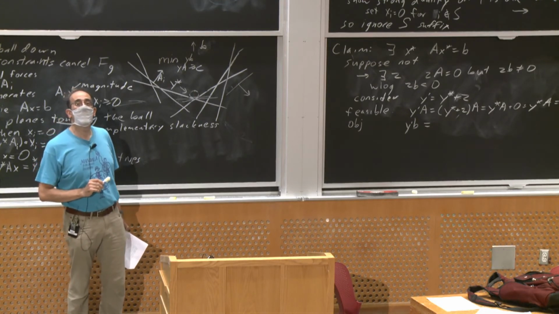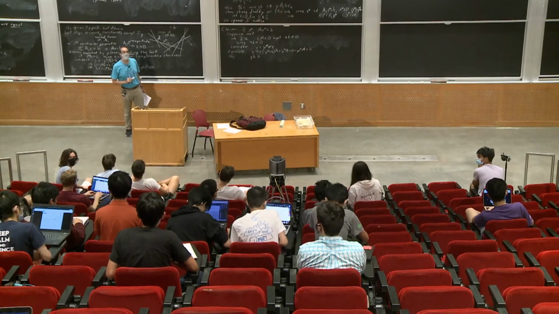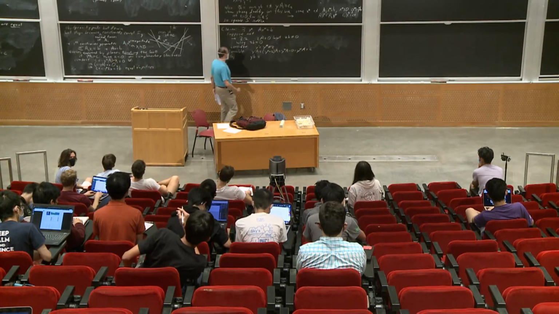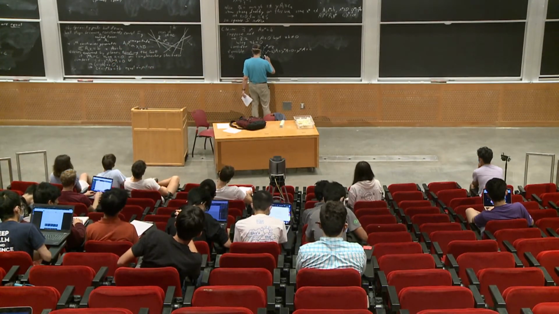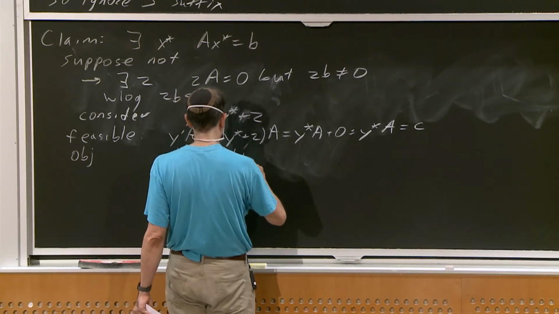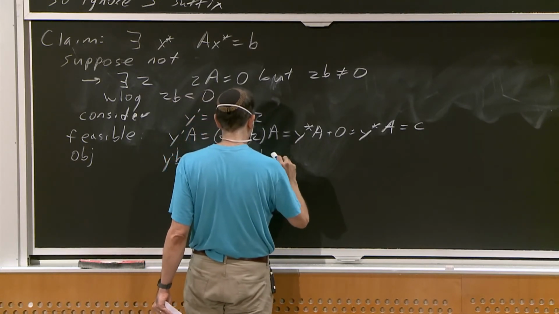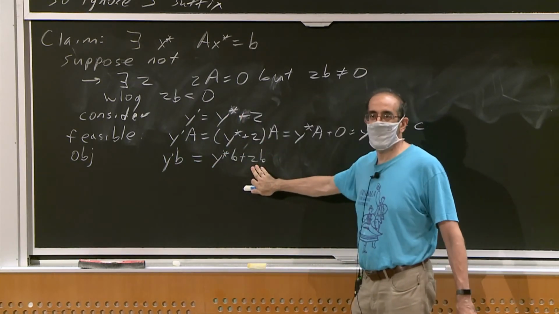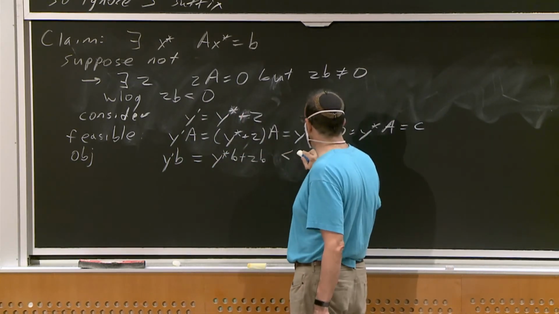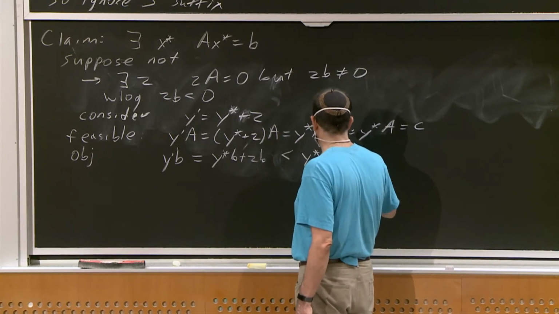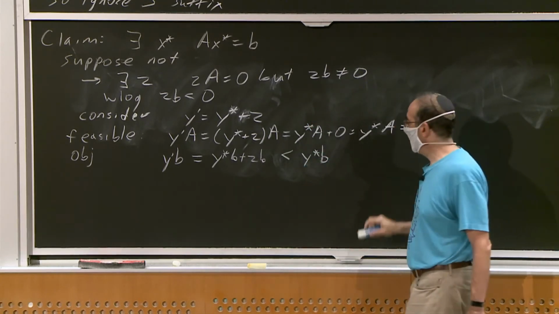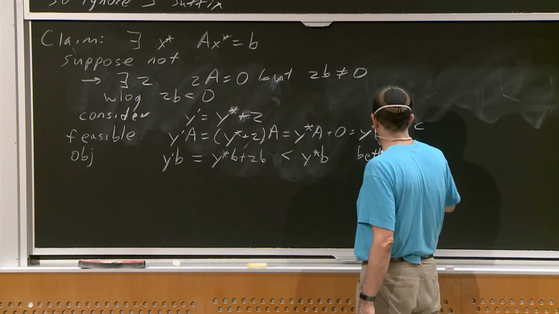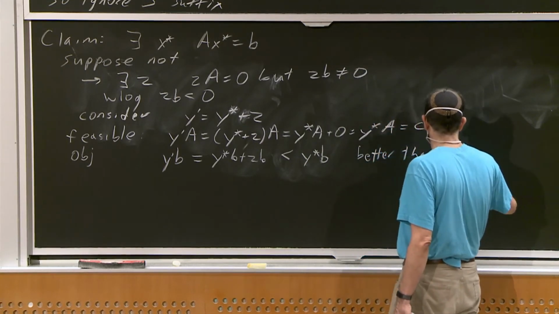Better, because y star b plus zb, so it's better. Exactly. We again expand this into y star b plus zb, right? Which is, well, we made zb less than 0, so this is strictly less than y star b, which means it is better than the optimum.